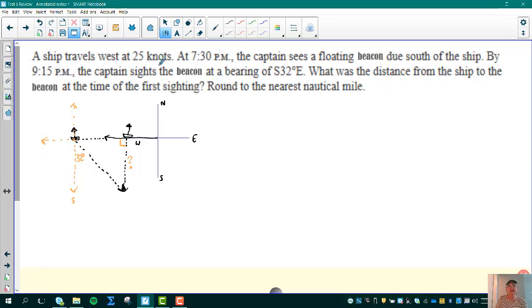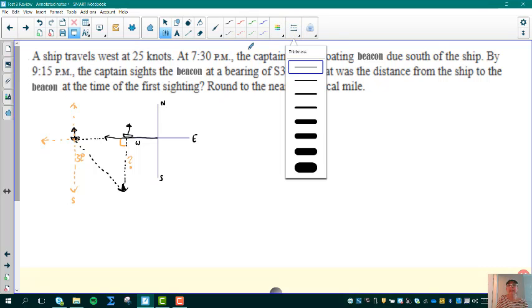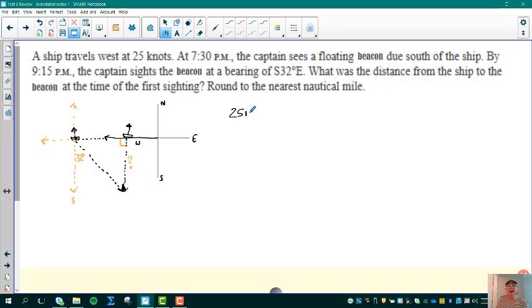We know we were traveling at 25 knots, which means 25 nautical miles per hour. 7:30 was the time of the first sighting. 9:15 was the time of the second sighting.